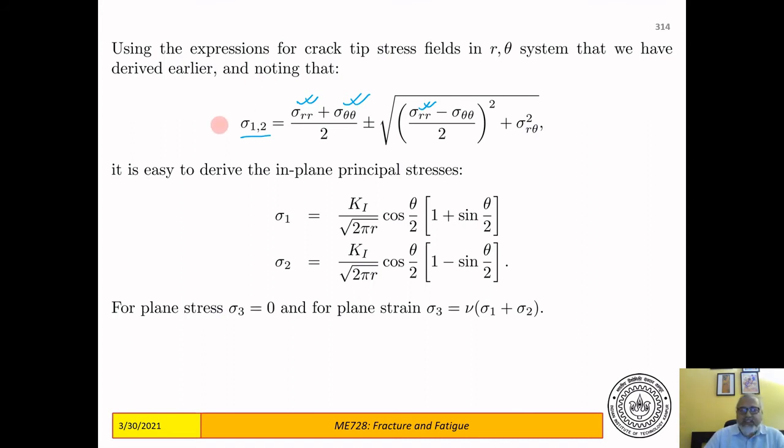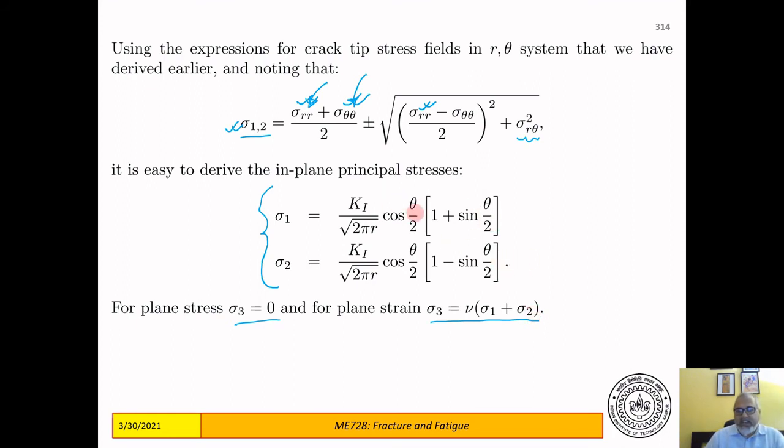So we can find sigma 1, 2 from here, and if I plug in the mode 1 dominant terms for sigma RR, sigma theta theta, and sigma R theta here, then you can easily show that these two are the principal stresses, sigma 1 and sigma 2. Sigma 3, as I said, has to be 0 for plane stress and is equal to nu times sigma 1 plus sigma 2 for plane strain.